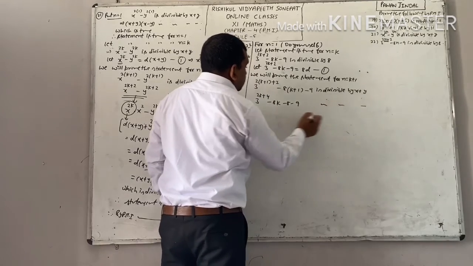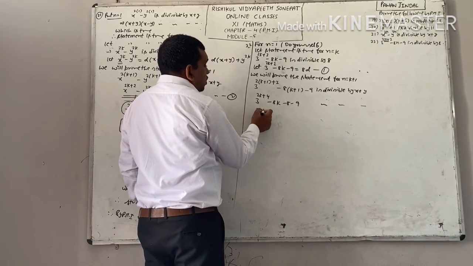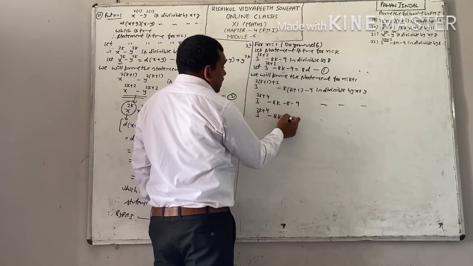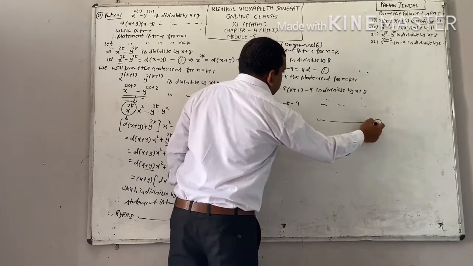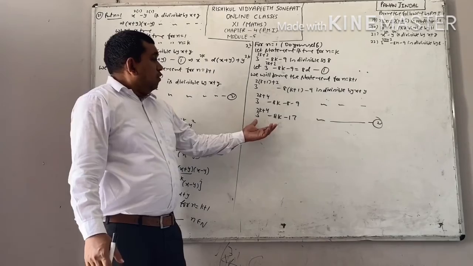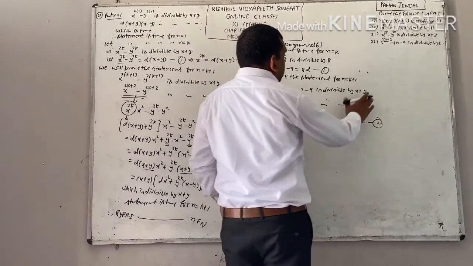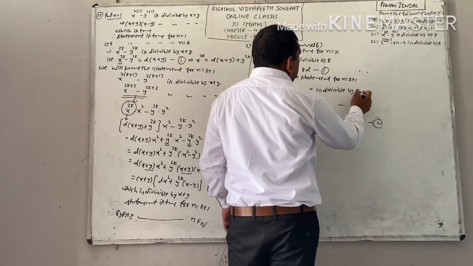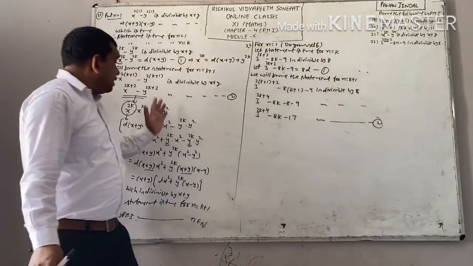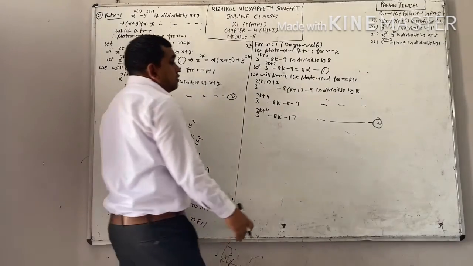This is your 3 raised to power 2k plus 4 minus 8k minus 17. Now we have to prove this term is divisible by, sorry, it is not x plus y, it is 8, because x plus y was in your previous question.